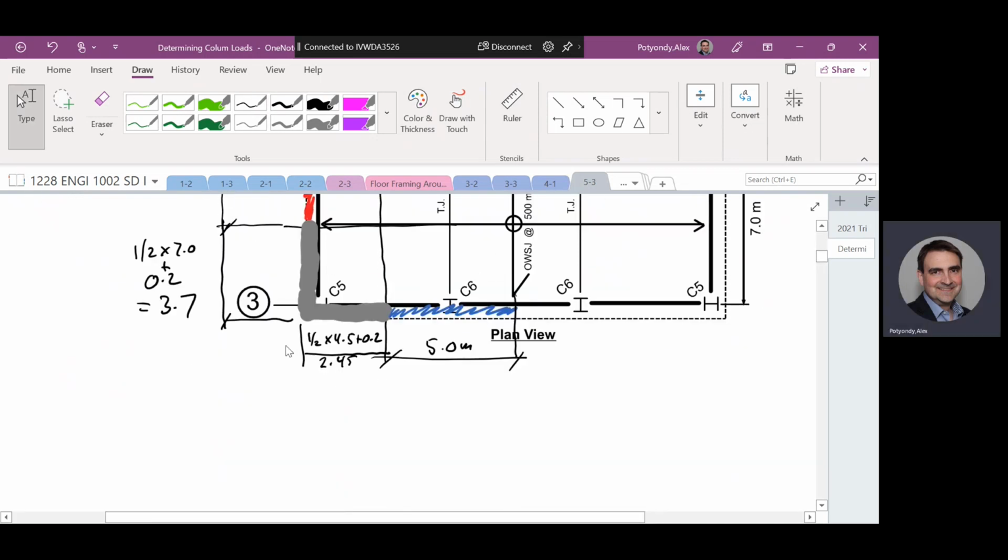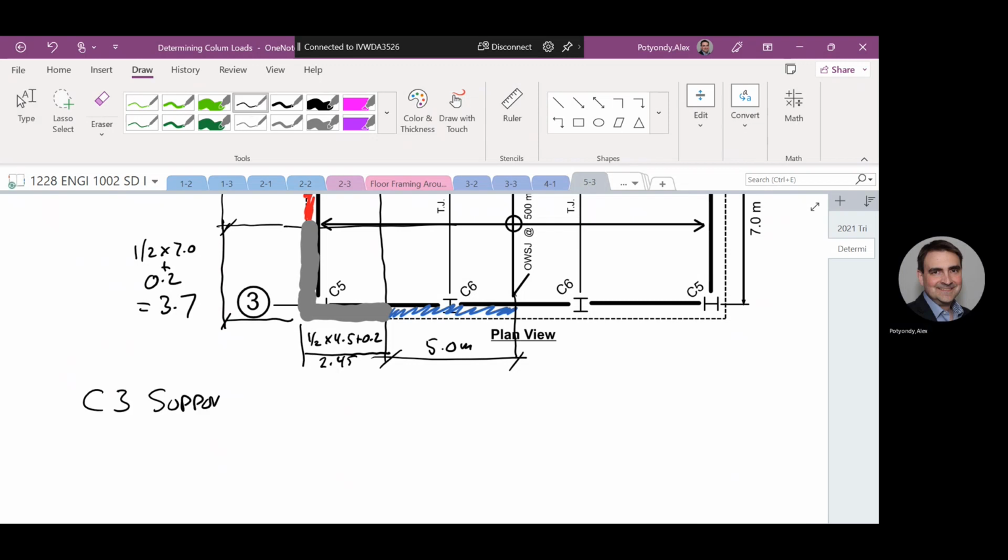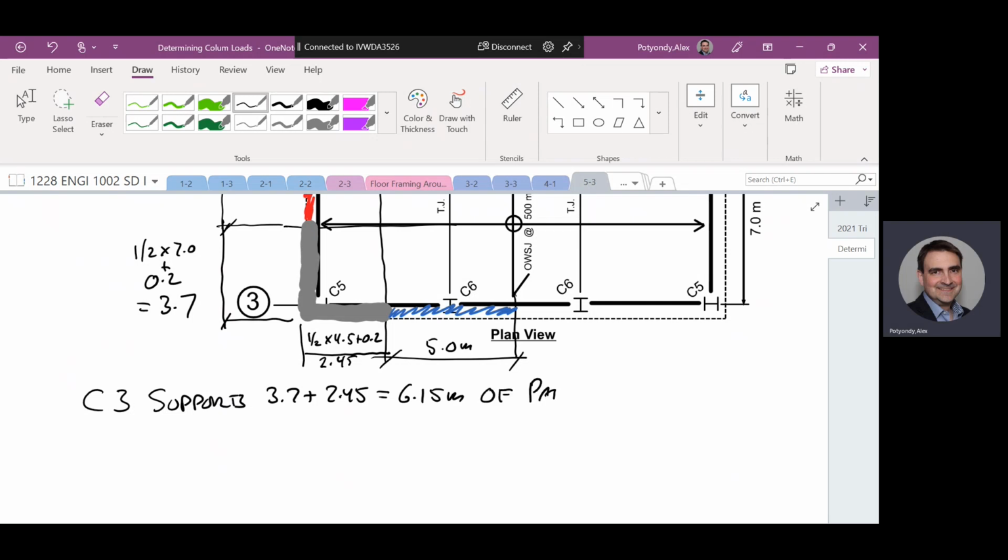Okay. So the amount of wall that's supported here is going to be, let's write that here, C3 supports 3.7 plus 2.45, which is equal to 6.15 meters of parapet or wall.